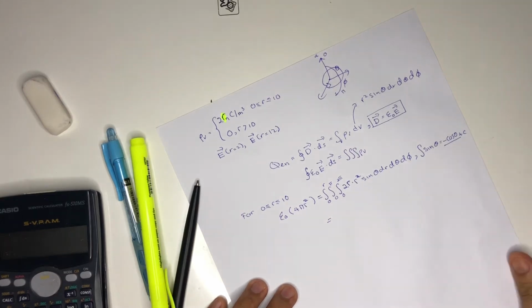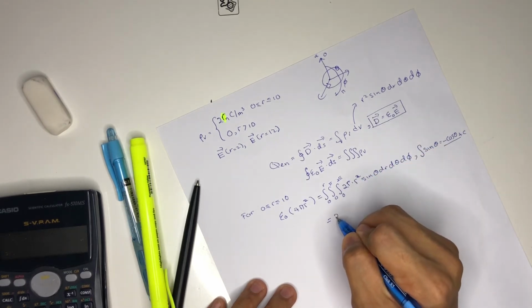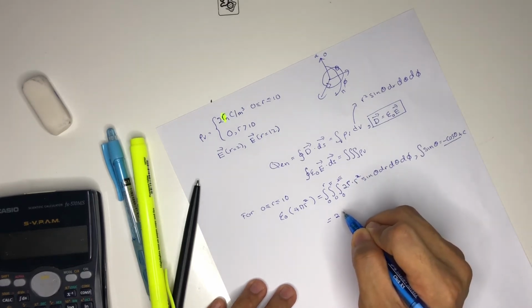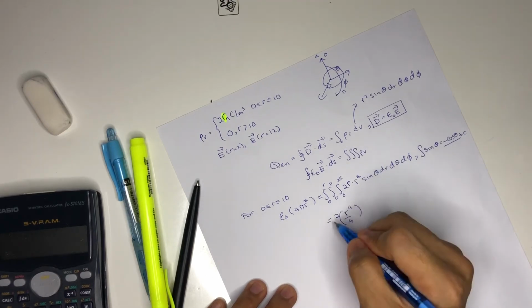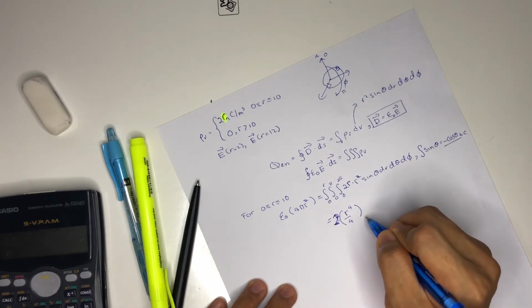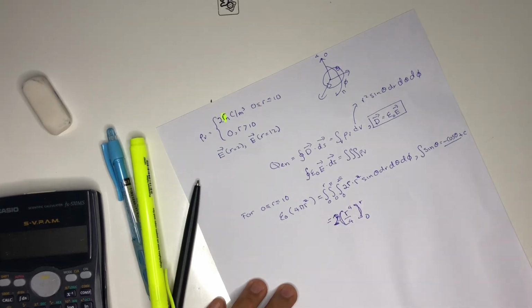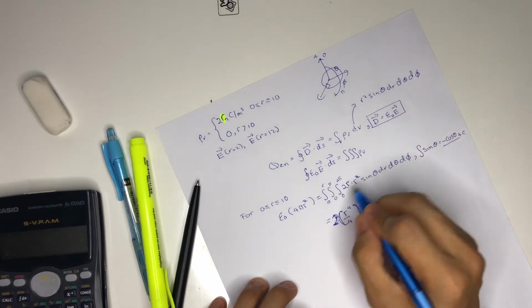So far so good? Okay, now integrate this. You have 2, you have r to the power of 3, so it's actually r to the 4 over 4. Am I correct? This is 2. Then what is your limit? 0 to 10. 0 to r, sorry. And for the sine theta, you have negative cos.